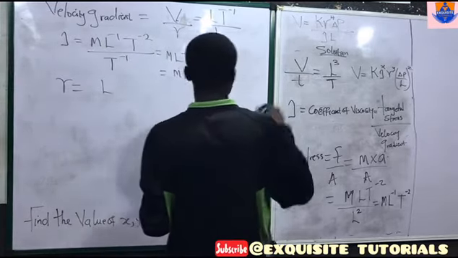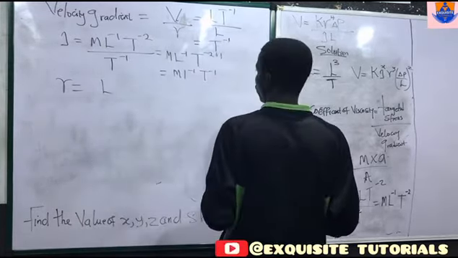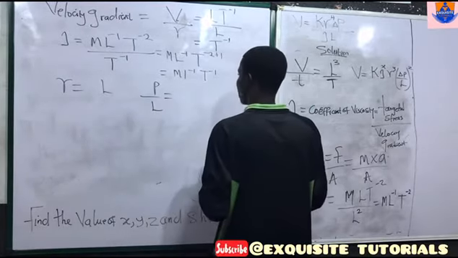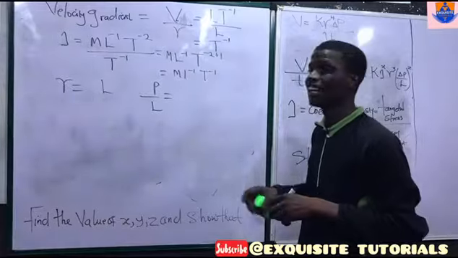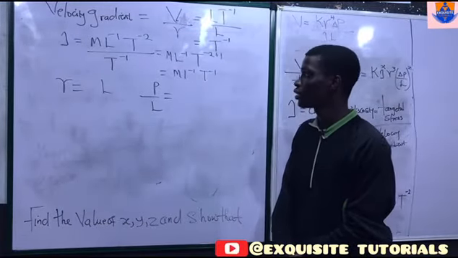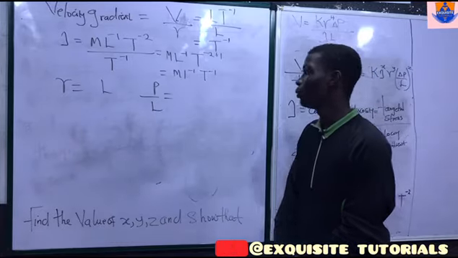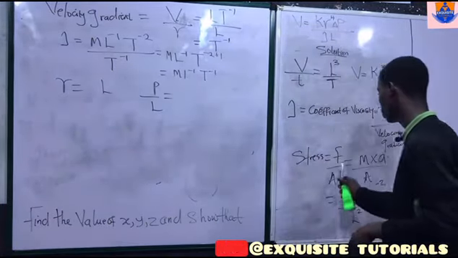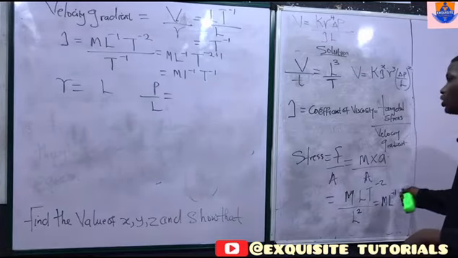Then for the last one, delta P, that is our pressure over our P over L. Our pressure has the same unit as our stress already, and the dimension for stress we have already gotten from here, which is ml raised to power minus 1 t raised to power minus 2.